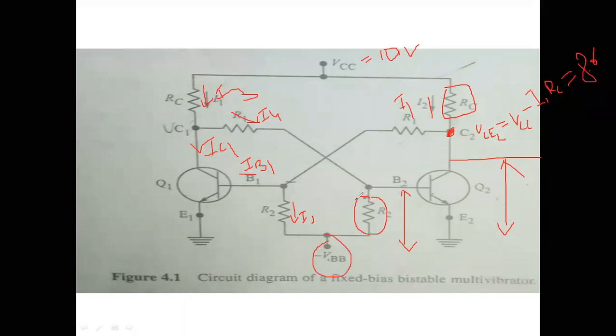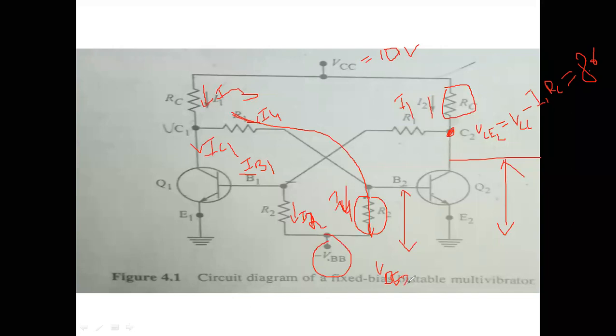In this branch we are allowing the I4 current, not I2. I2 is in this other branch, and this is I4. I4 current is flowing in this branch in this direction. Therefore, I4 into R2 plus VBB. If you apply KVL at this branch, you may get the VBE voltage.